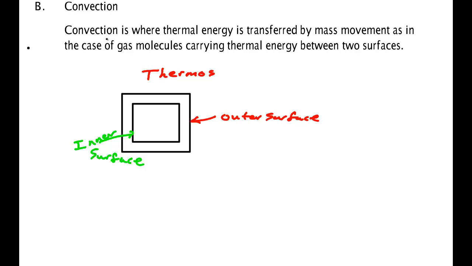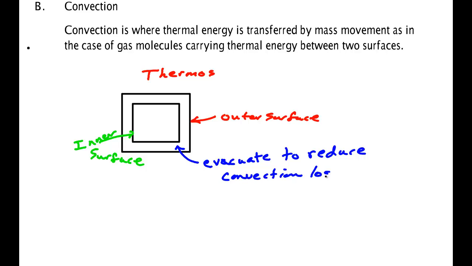So in a thermos, what they do is they evacuate this. They don't let the two touch, so there's no conduction. Then they remove the air in here, creating a vacuum, which enables them to reduce the convection.